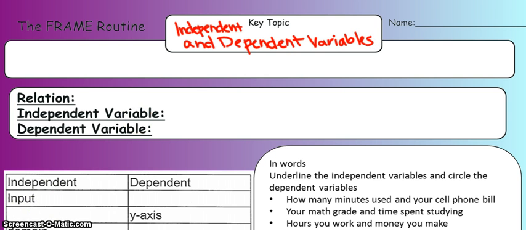Independent and dependent variables is about understanding the relationship between variables.